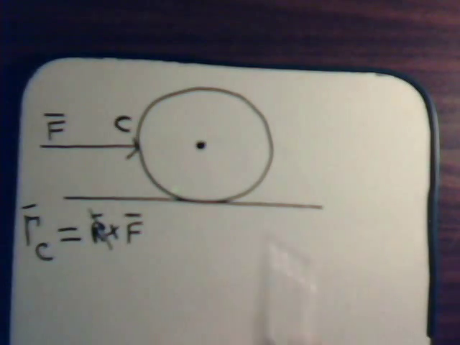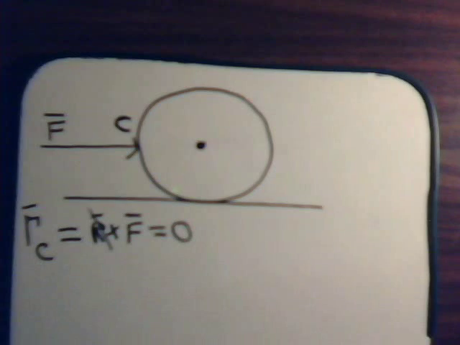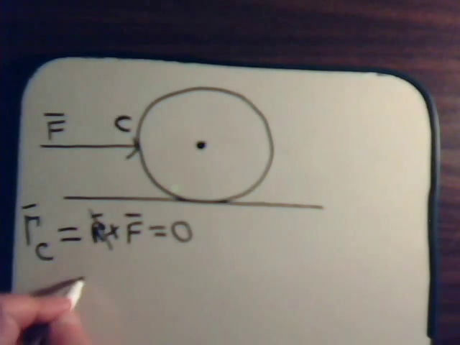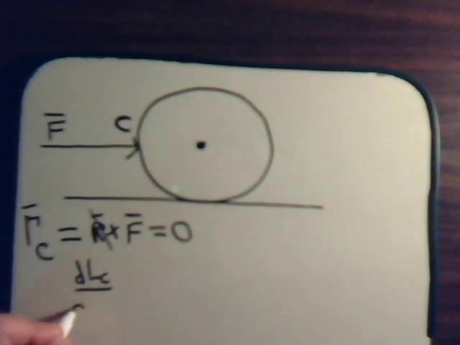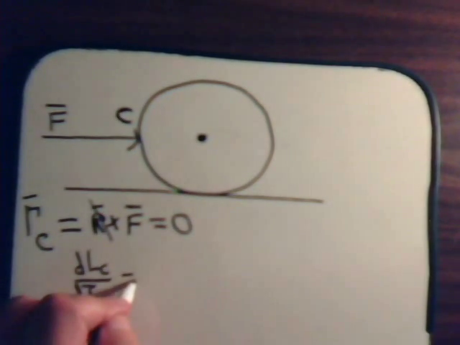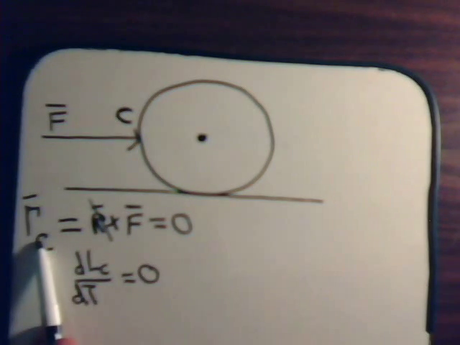So the torque at point C is 0. That means then that the time derivative of the angular momentum at point C is 0. The time derivative is equal to the torque.